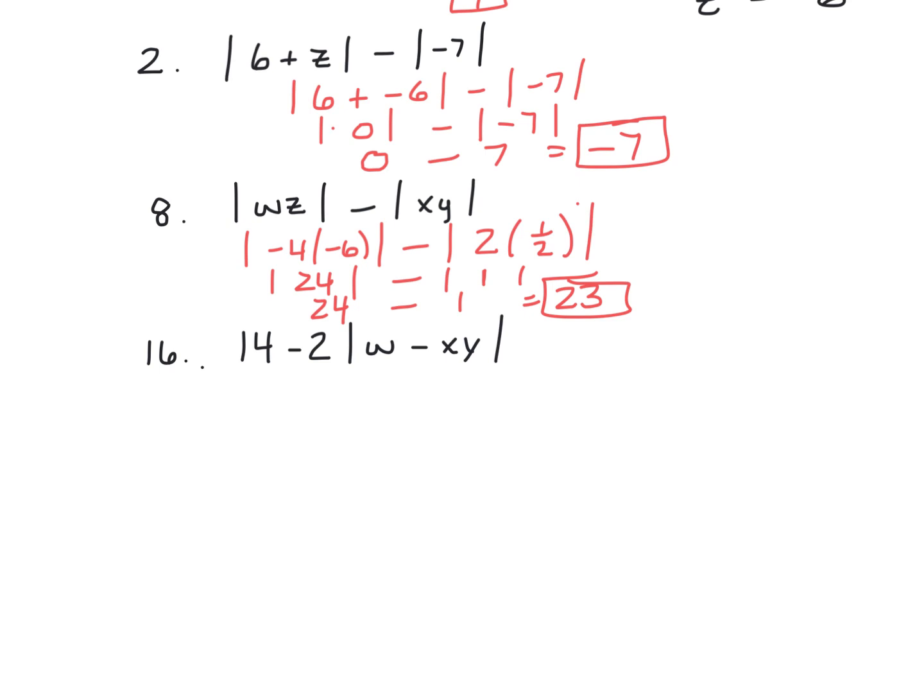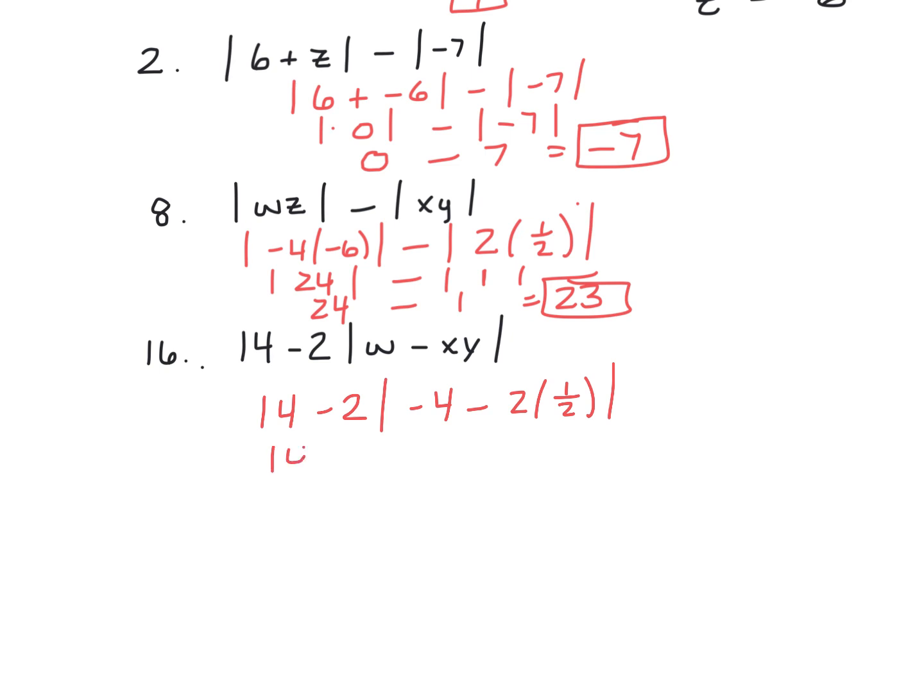Number 16, we've got 14 minus 2 times, in the absolute value symbol, W, which is a -4, minus x, which is 2, times y, which is 1/2. Again, I would work inside the parentheses.